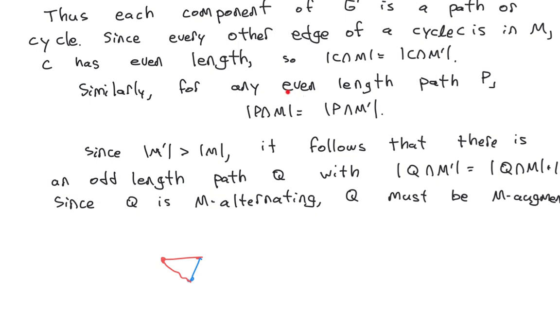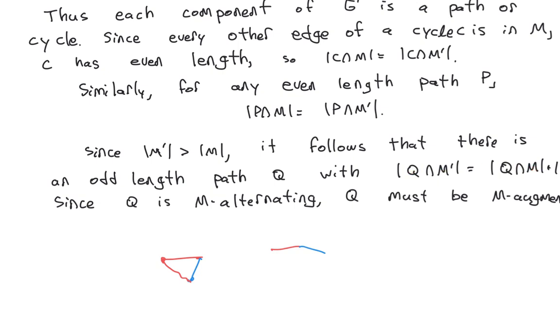By the same logic, if you look at an even length path, the number of edges on the path in each matching has to be the same, because the colors have to alternate between red and blue. So the point is, since there's more edges in M' than in M, we see that there must be an odd length path. And more importantly, that odd length path has to have more edges in M' than M.